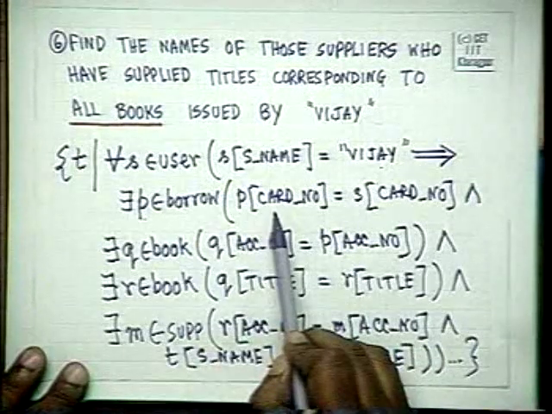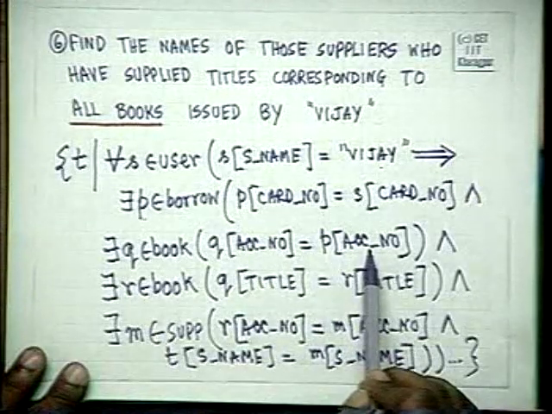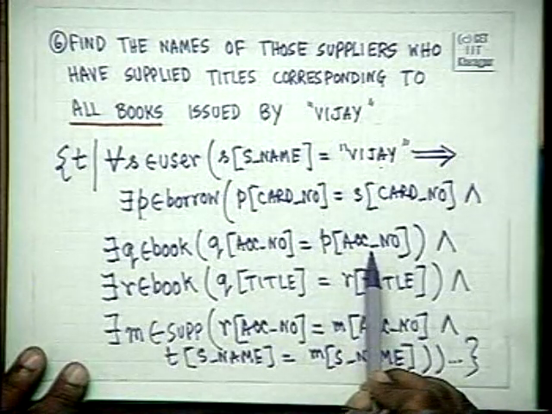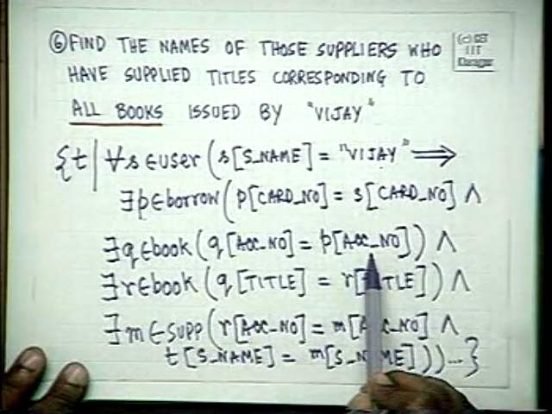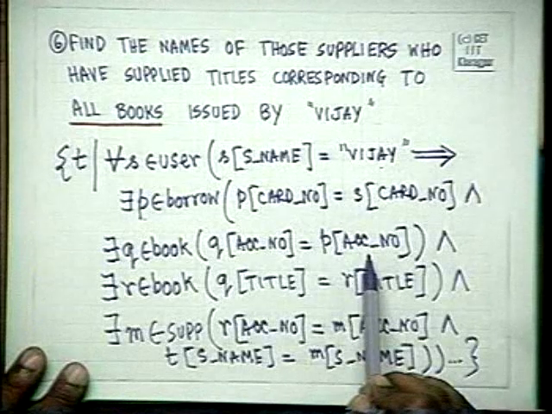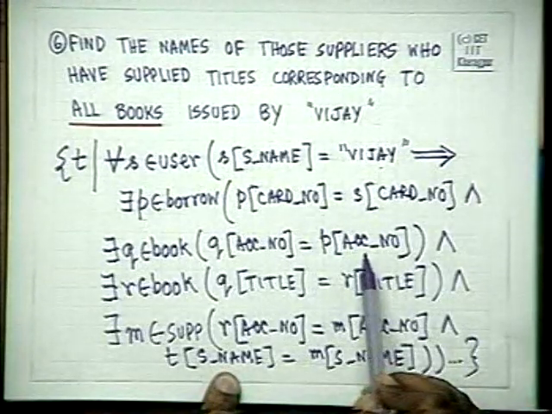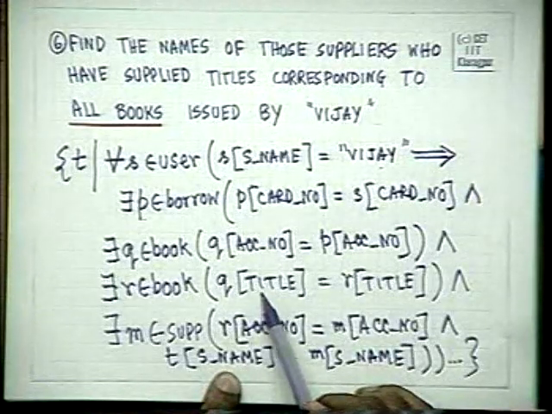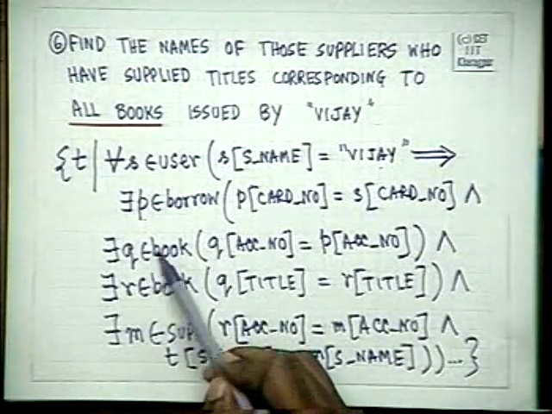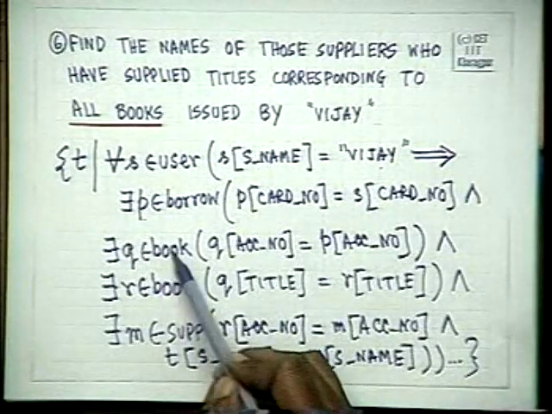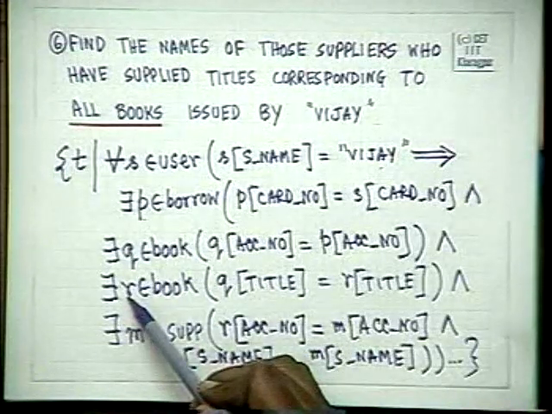But if Vijay has issued a book, then the accession number of the book will be obtained by this, and I want the title of the book, and for this title the supplier which I want must have supplied this title. So I will get this title, and I will get the alternative accession number of the book with the same title. These two may match to be the same thing. It may be the same accession number, it will still match because there exists Q and R may be the same thing.